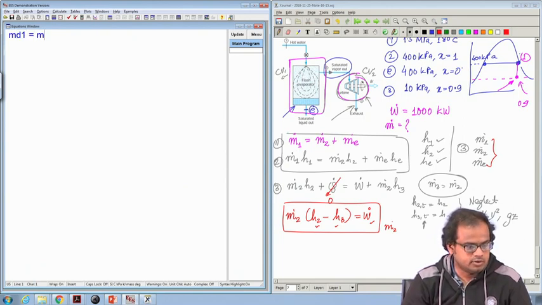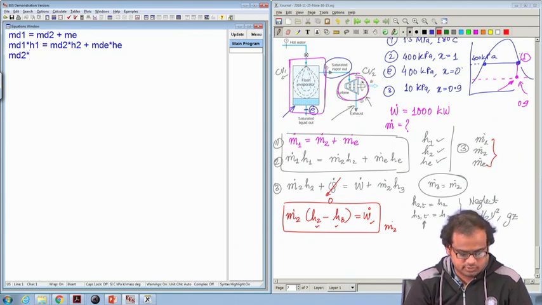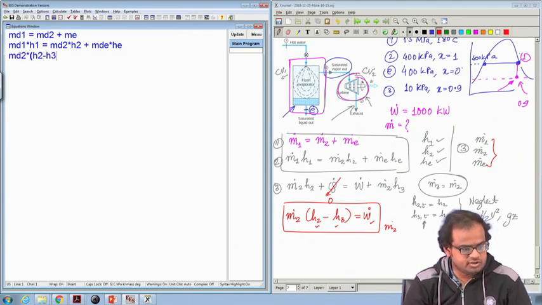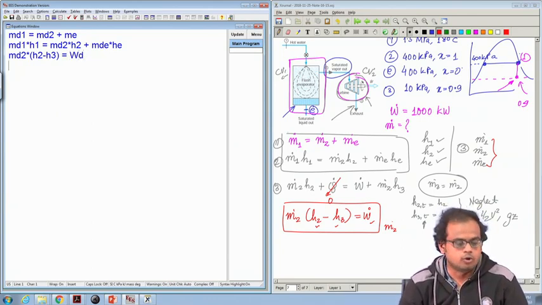m dot 1 is equal to m dot 2 plus m dot e. First equation, m dot 1 times H1 equal to m dot 2 times H2 plus m dot e times He. m dot 2 times (H2 minus H3) is equal to W dot. So W dot is the work done by the system, which is 1000 kilowatt.